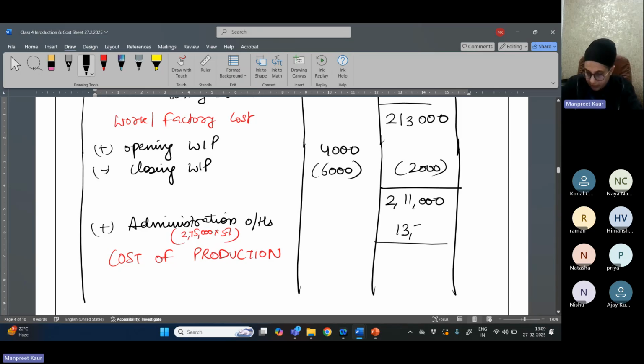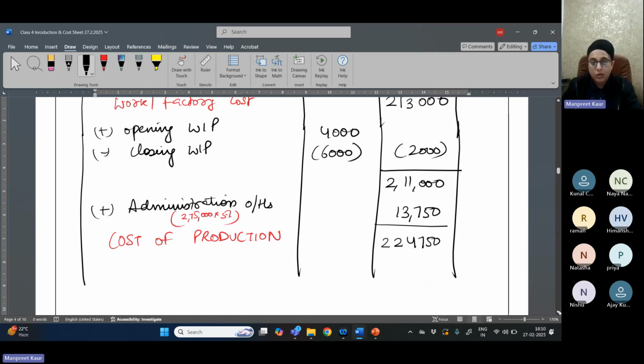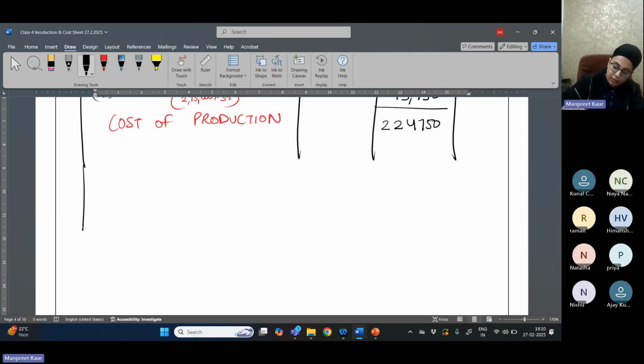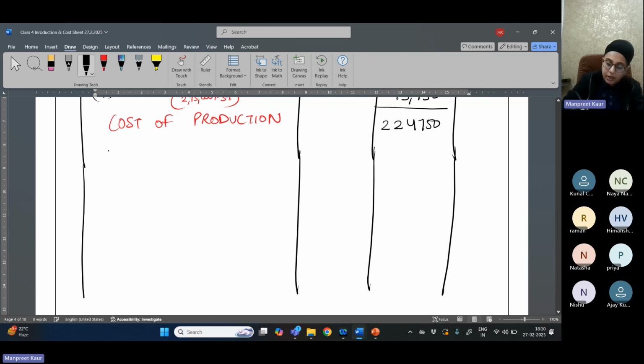13,750. Very nice. Add 2,11,000 and 13,750. We will get 2,24,750. That is the cost of production. Next, in cost of production, we will add opening and closing finished goods.